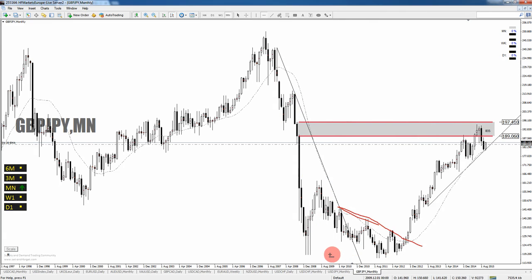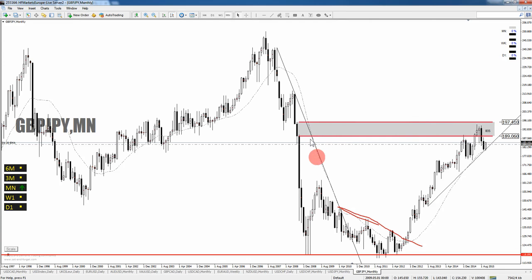Let me draw a horizontal line. Could this also be a trend line? So the valid trend line at the moment would be that. Then once a lower low is made, this is the valid trend line. Agree? Agreed. That's a valid trend line.